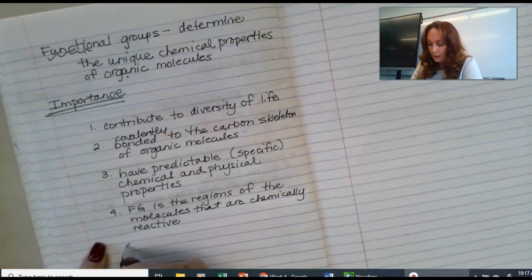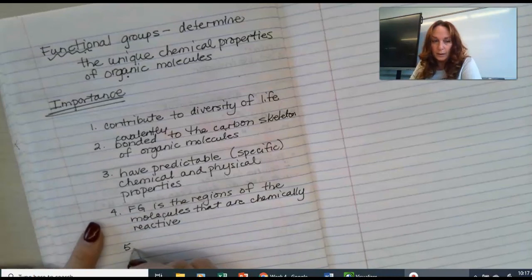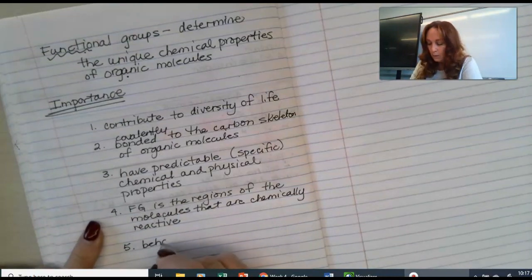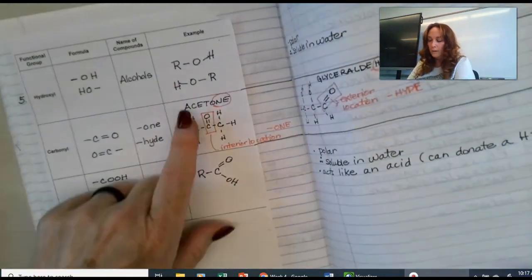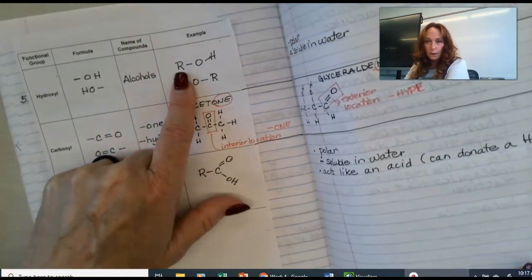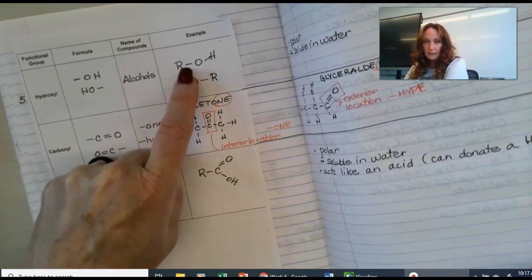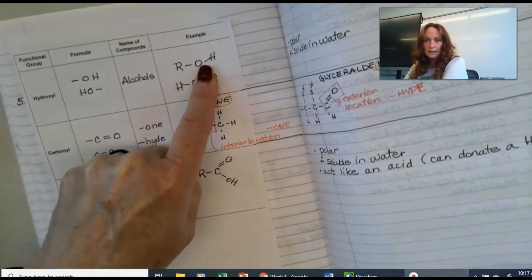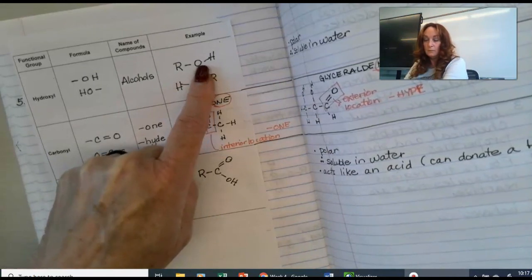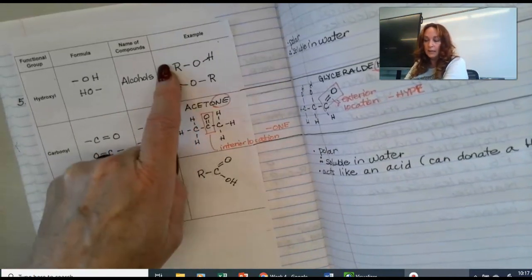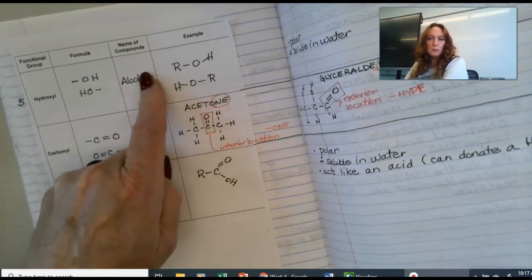And we said this already, but I guess it's important again. So no matter what molecule they're put on, so this variable group obviously varies, that's what it's called. So no matter what this is, hydroxyls act the same, period. Doesn't matter who it's attached to. Attached to something big, something small, doesn't matter.